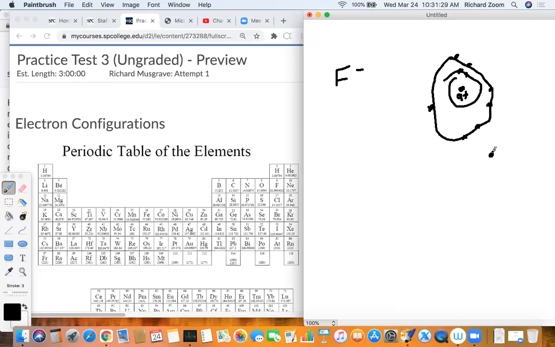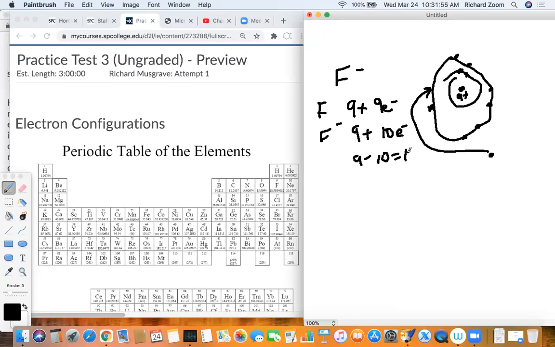But if I add another electron to it, that'll be F minus, which would still have 9 protons, but it's going to have, let's say there's 9 electrons for the F, it'll have 10 electrons. Which means 9 minus 10 is -1, which is where the charge comes from.